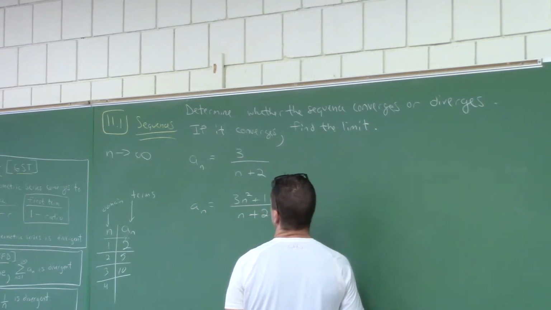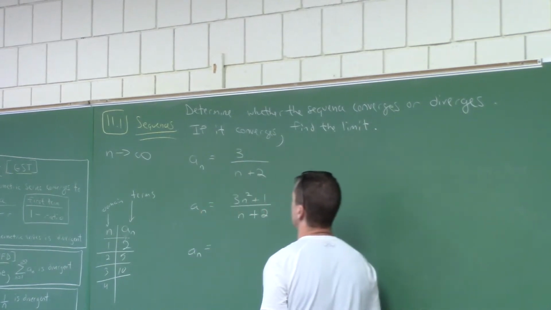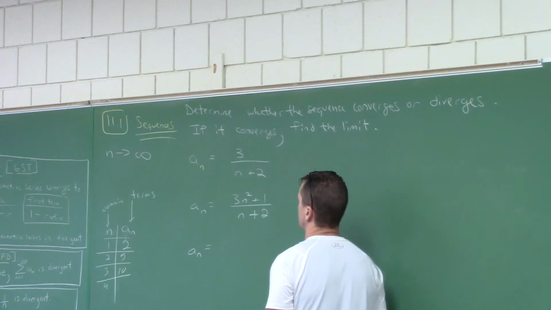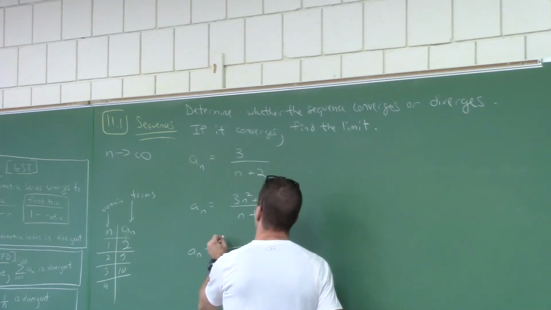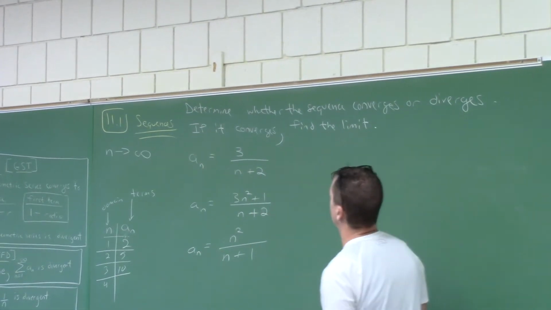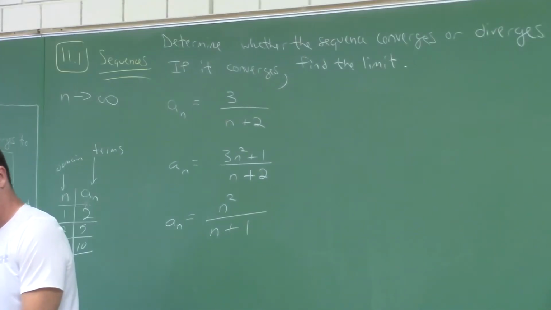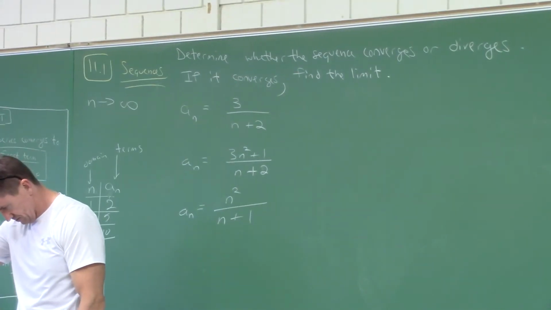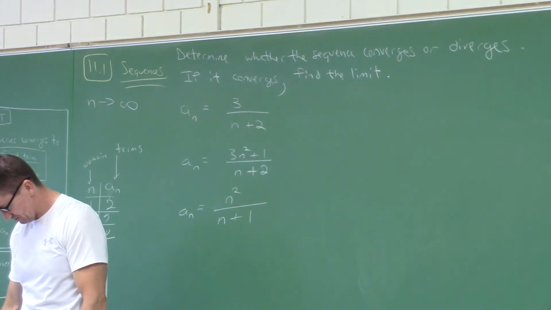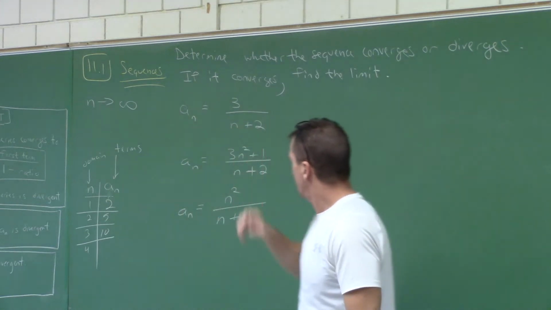Put plus 2. And n squared over n plus 1. Let's start with these 3 examples. I'm going to start grabbing some from the book here. They go fast.